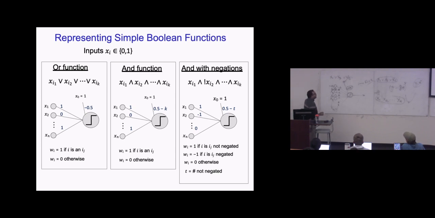So the whole idea is, because all these are 0, you are not adding anything here, and here you just add a 1, and you have a threshold that has to be at least greater than or equal to 0.5.